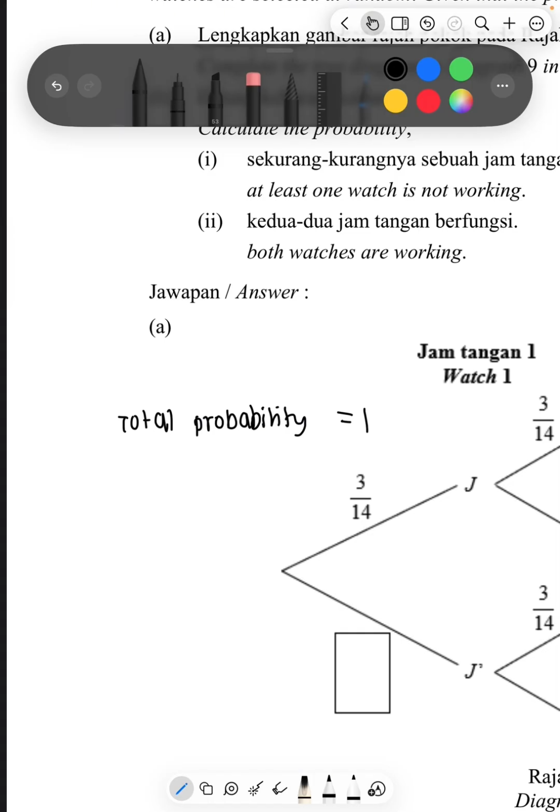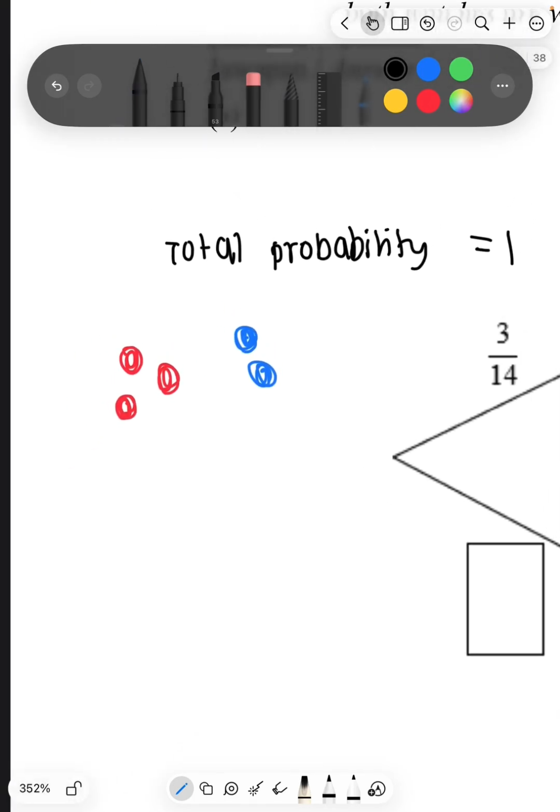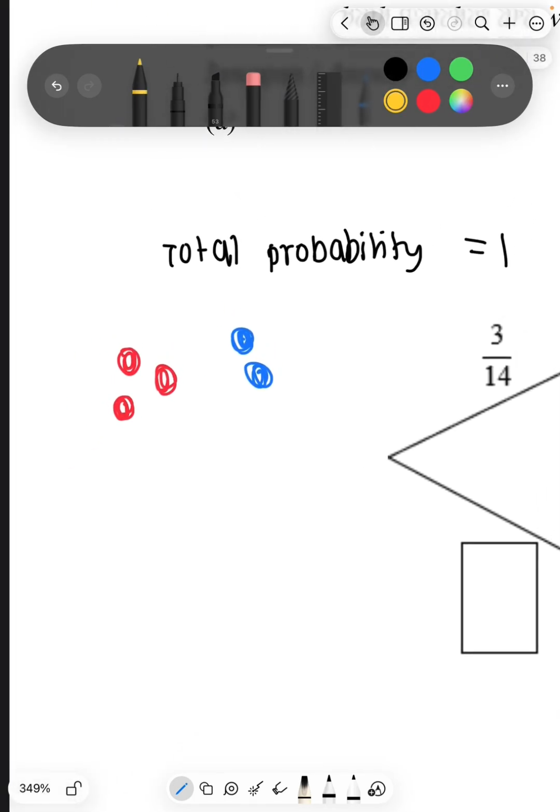Why? Because let's say you have 3 red marbles and you have 2 blue marbles, and you want to find the probability of getting a red marble from a box.